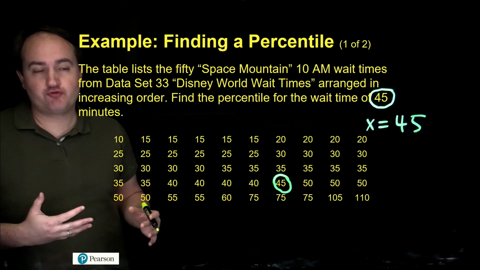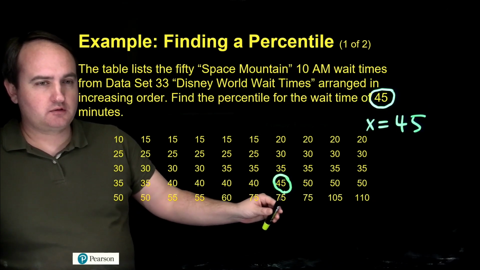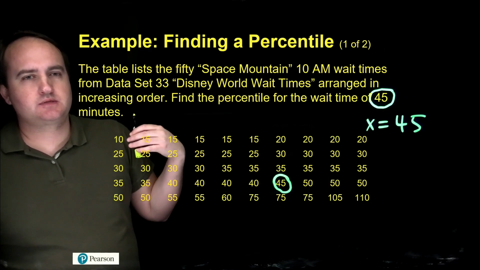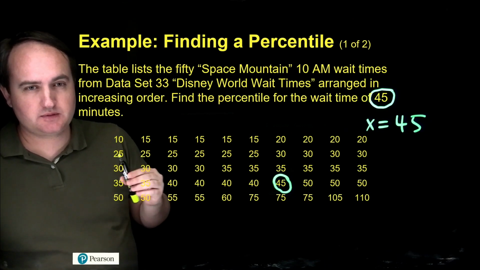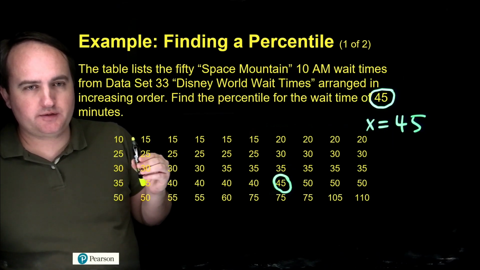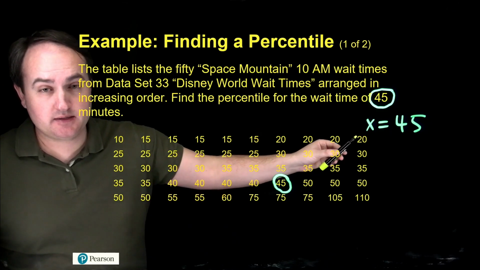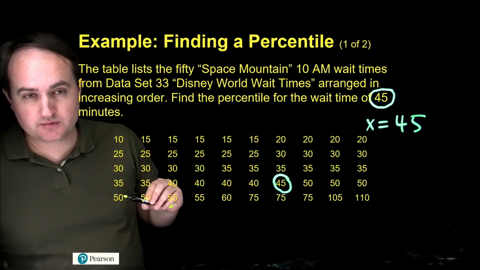Now to use the formula, we need to count how many data values are less than 45. Fortunately, they told us that there are 50 wait times. If you'll notice, there are 10 columns and 5 rows.